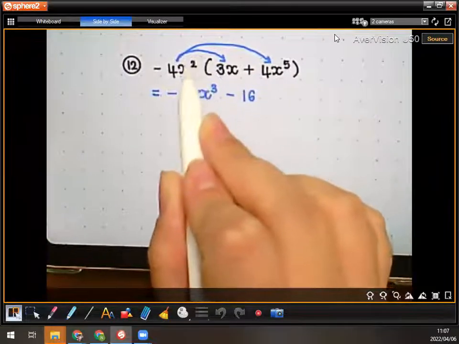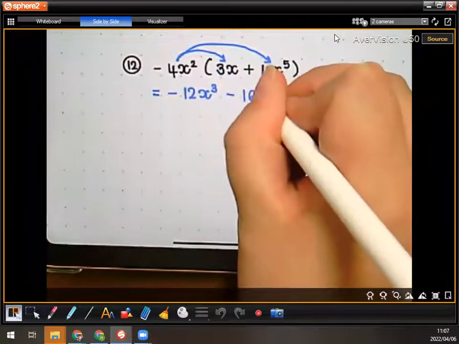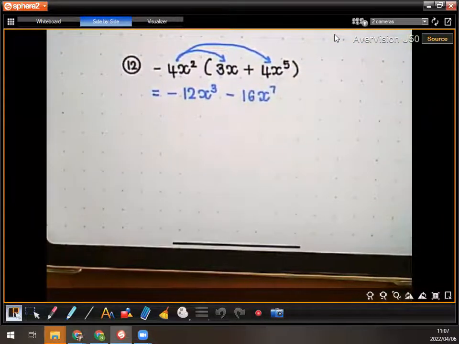We have 2 x's here and 5 x's there. How many x's is that altogether? 2 and 5? 7. So x to the power of 7. Again, because I have an x to the 3 and an x to the 7, those are not like terms, because the exponents are different. Okay, so this is the final answer.